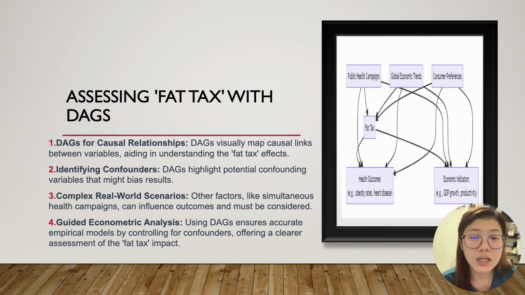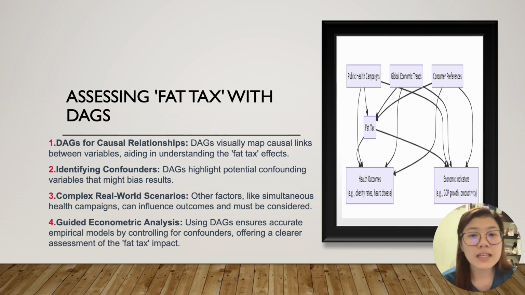Building the DAG, we draw a node for the fat tax and connect it with arrows to health outcomes and economic indicators. This represents the hypothesized direct effect of the tax. We add nodes for confounding variables and draw arrows to show their relationships with both the tax and the outcomes. This helps in identifying potential sources of bias.